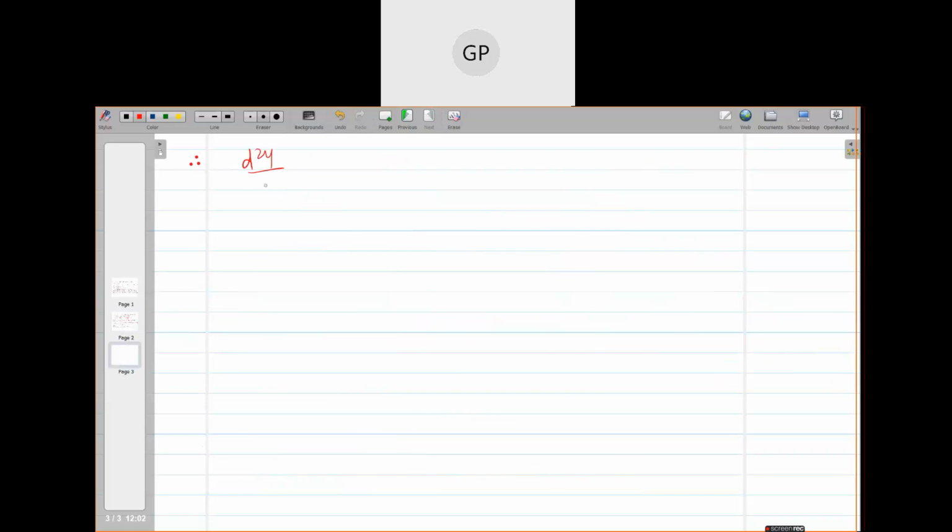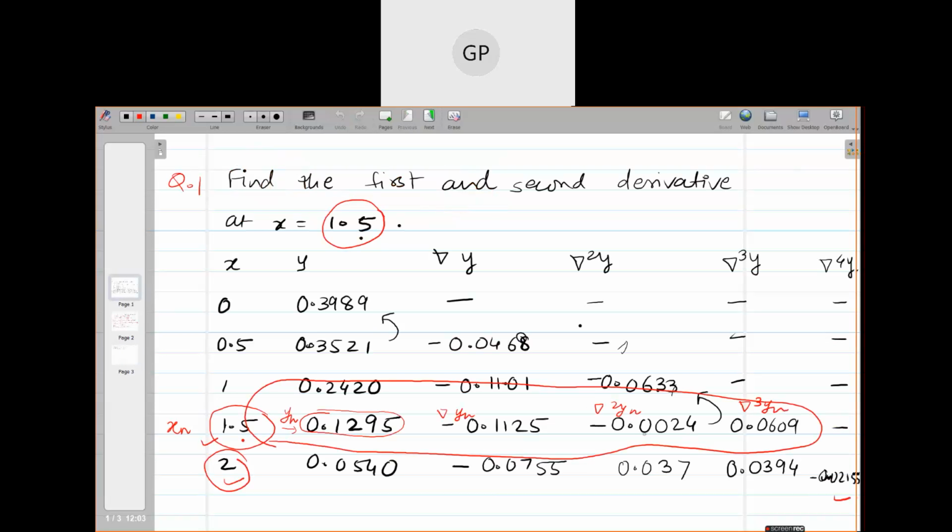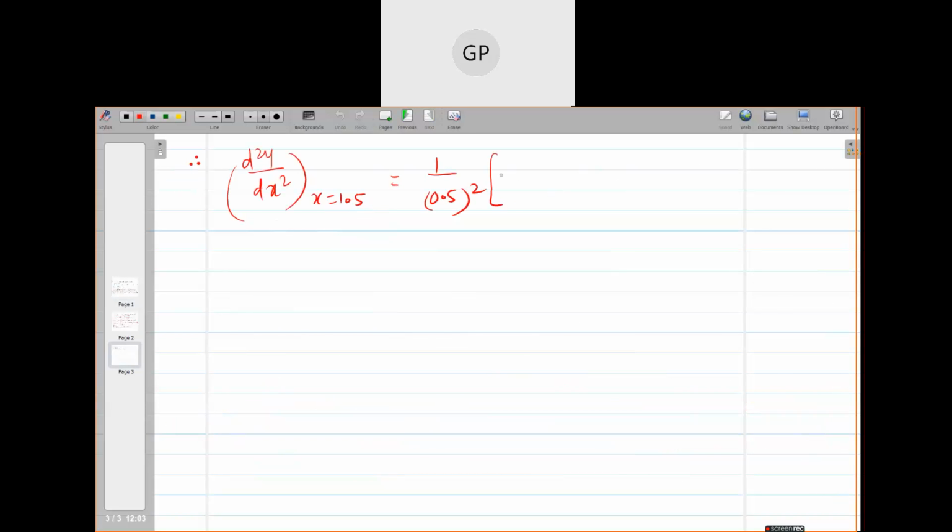Therefore d2y upon dx square at 1.5 is 1 upon 0.5 square into bracket. What is del square yn? This is minus 0.0024 plus del cube yn, which is 0.0609.